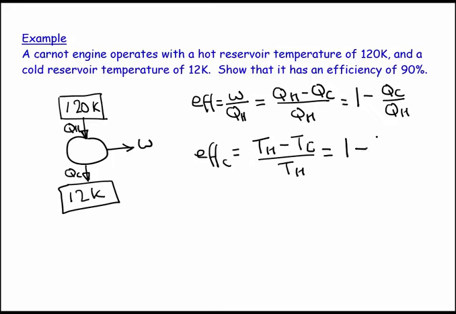And this is 1 minus T cold over T hot. And we see that the bigger the temperature difference, the smaller this fraction, the more the efficiency. That's the take-home message from this.